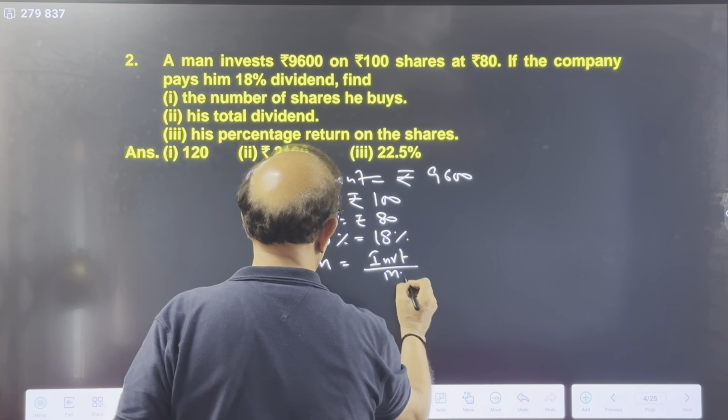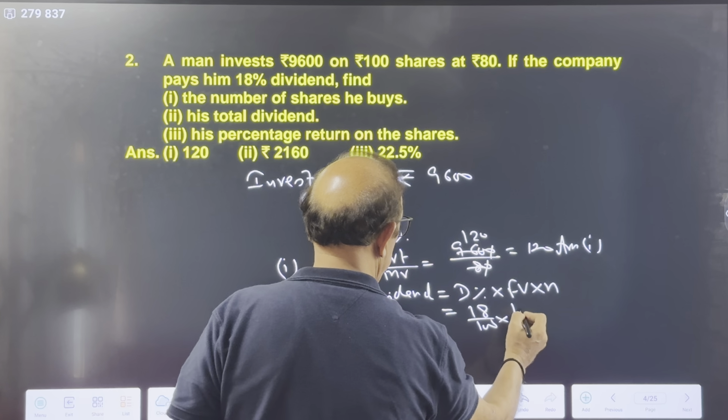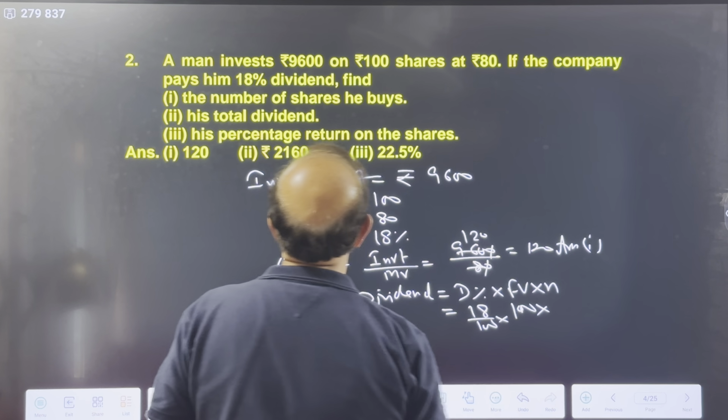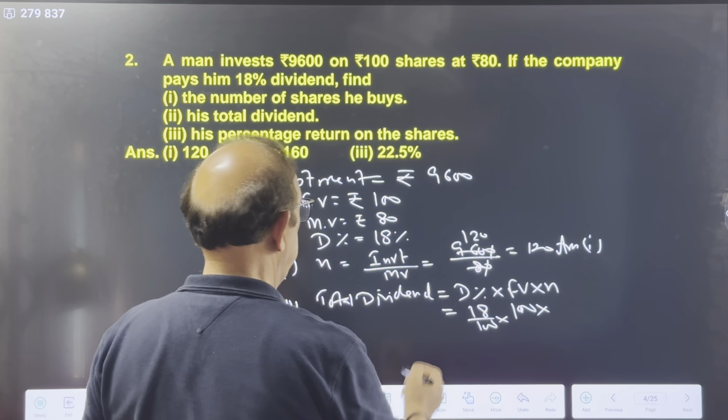Total dividend, total income, total dividend. The formula of total dividend is equal to D% into face value of 1 share into number of shares. D%, 18 upon 100, face value 100, number of shares. What is the number of shares? 120.